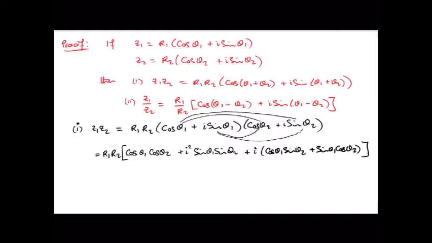Okay? Now what's i squared? Everywhere we see i squared, what do we put in instead of it? Minus 1. Okay? So I'm going to be putting in a minus 1 instead of that guy.